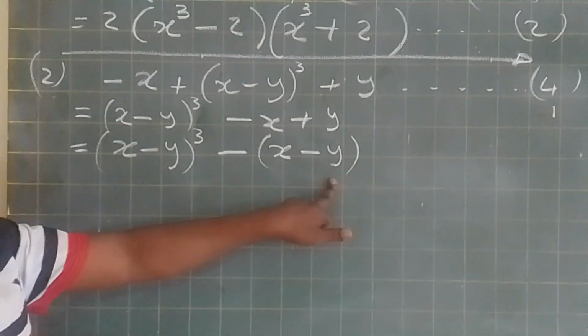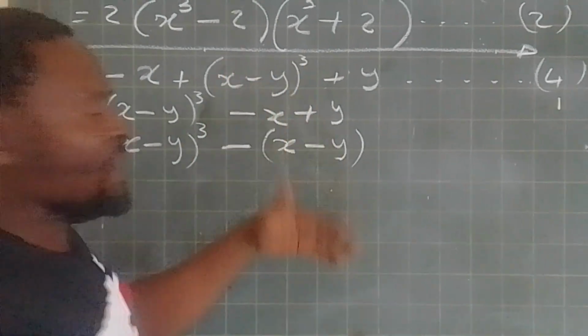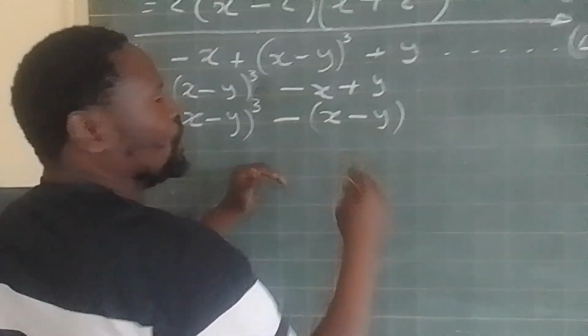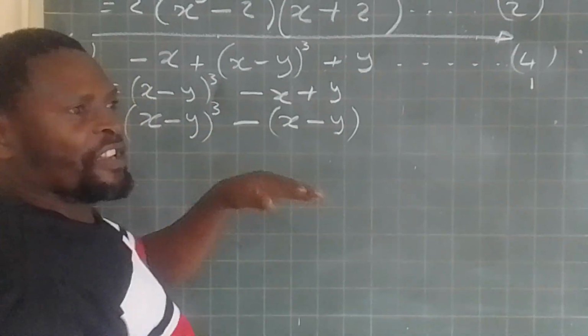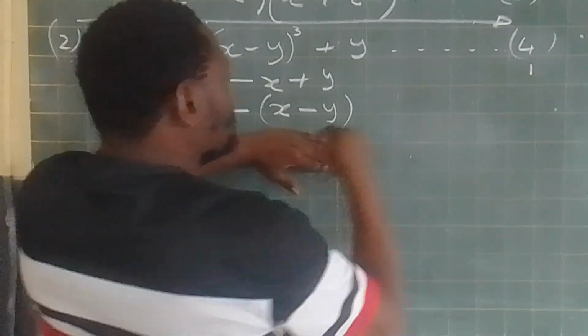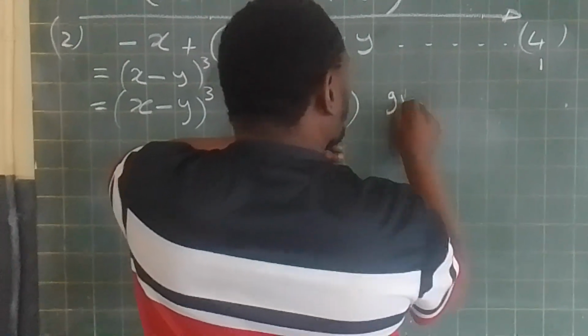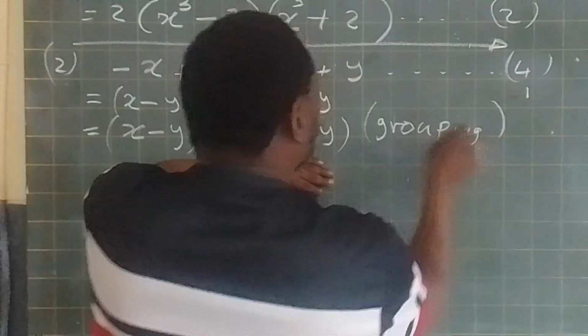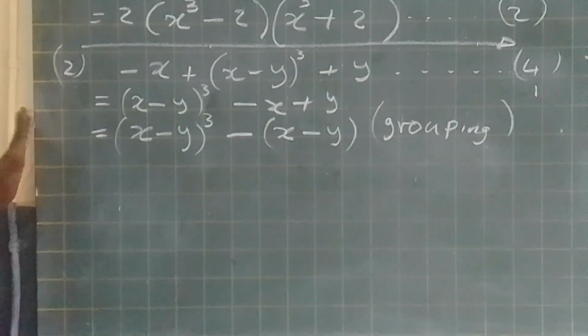Remember, I told you in the first term, you can go back and check the previous videos, grade 10: when you have something like this, you factorize by grouping. This is grouping. So you are going to group here.